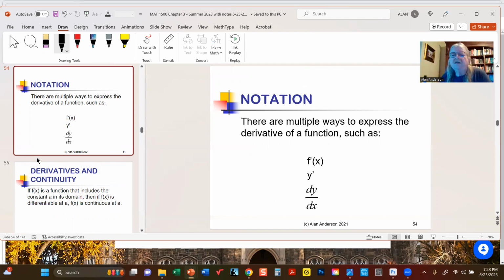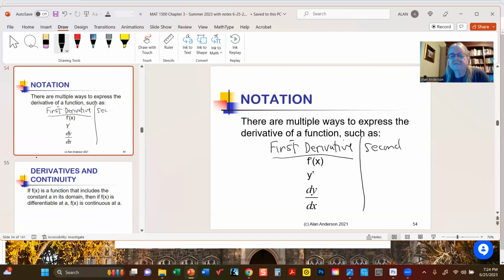So what I want you to see notation-wise is that this is what we're going to call the first derivative, or just the derivative. When you hear the word derivative, it means the first derivative. But if you reapply the derivative a second time, it becomes known as the second derivative. And you'd be surprised how useful this proves to be. Not so much the higher order ones, like the third derivative, you don't see that very often. But in applied fields, the first and second derivatives are the ones you'll use all the time.